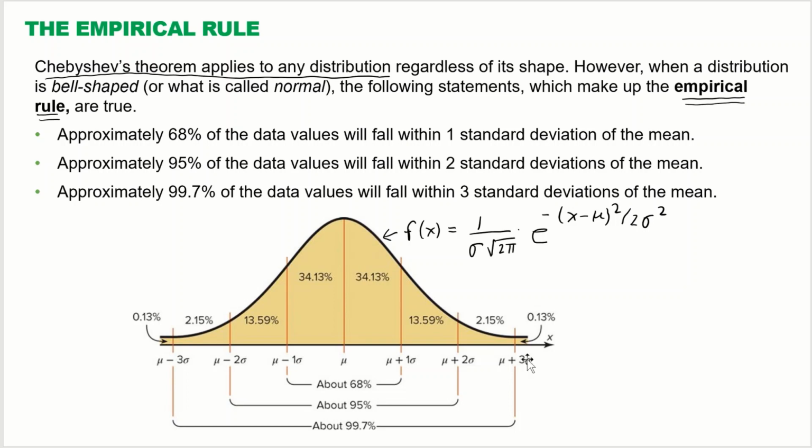So the graph of this function is a symmetrical or bell-shaped graph, and this is for the normal distribution.